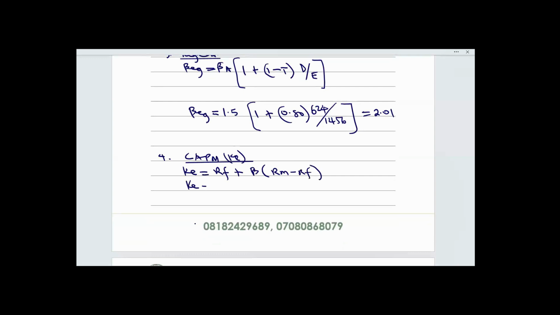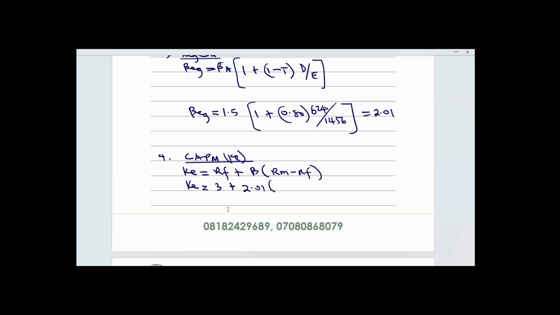According to the question, what's the risk-free rate of return? 3%. So I would then say 3 plus beta of 2.01.